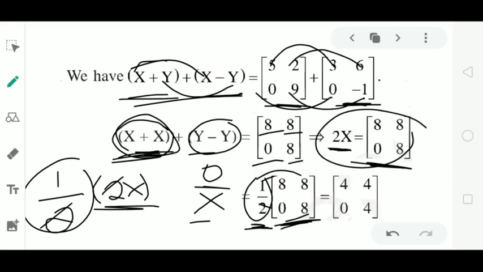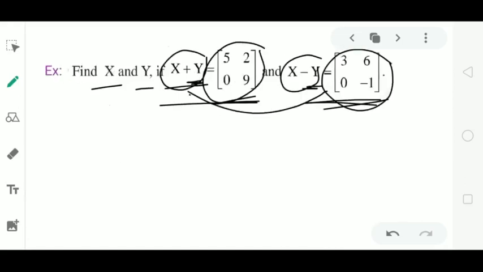That is, 1 by 2 into 8 is 4, 1 by 2 into 8 is 4, 1 by 2 into 0 is 0, 1 by 2 into 8 is 4. This is matrix X.